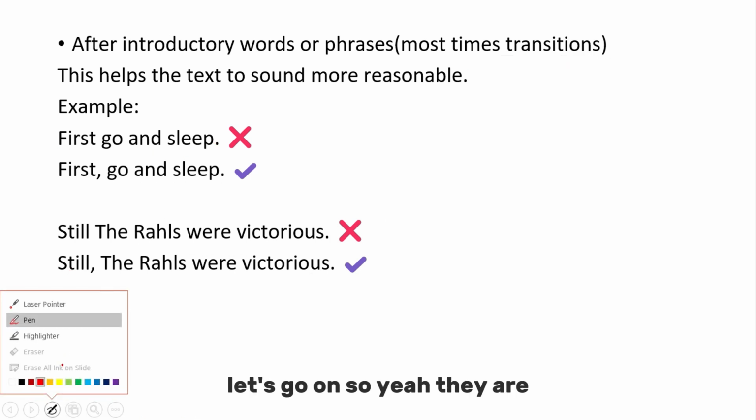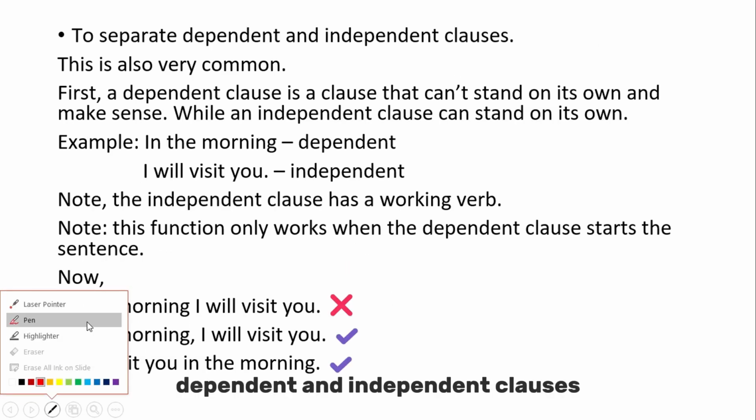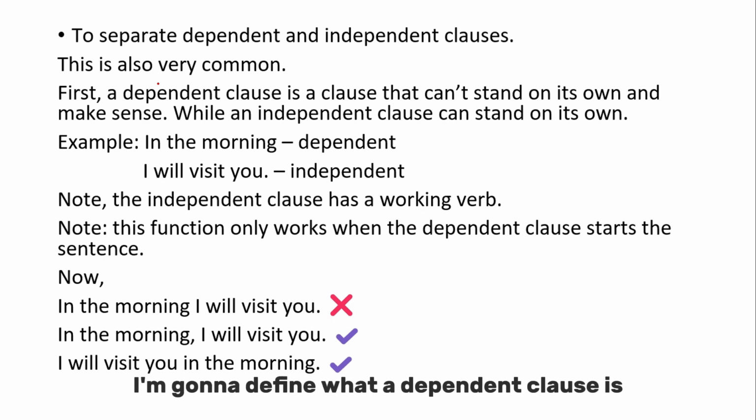Let's go on. They are also used to separate dependent and independent clauses. This is also commonly tested on the digital SAT. So I'm going to define what a dependent clause is and what an independent clause is.